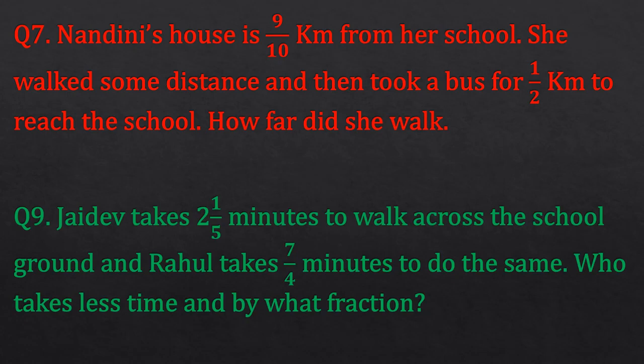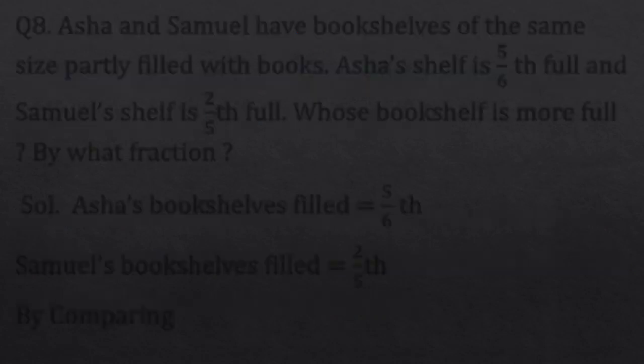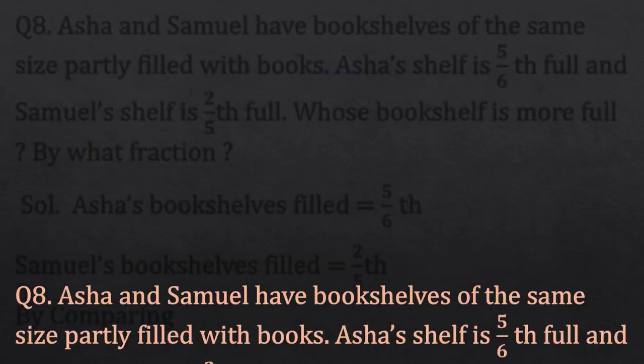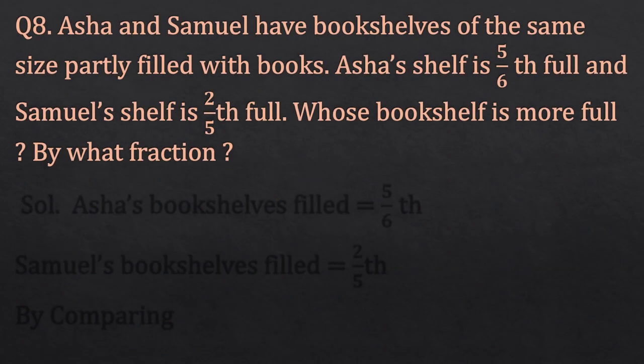Okay, now see, for this I have done one question for you of the same type, that is question number 8. Now see question number 8. Asha and Samuel have bookshelves of the same size, partly filled with books. Both have bookshelves of the same size, and they are partly filled with books.